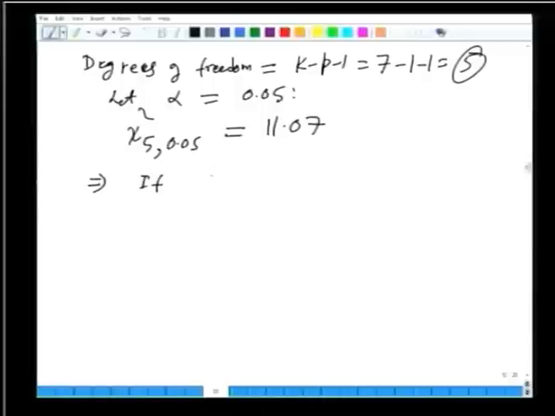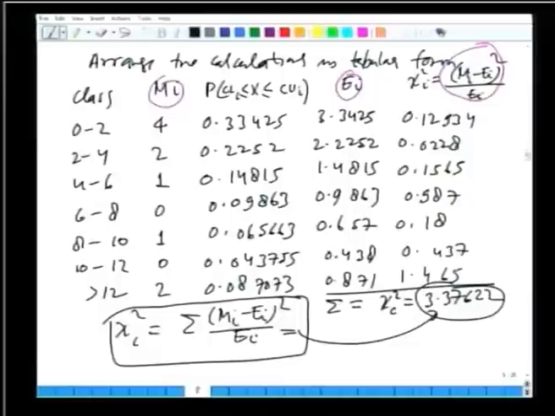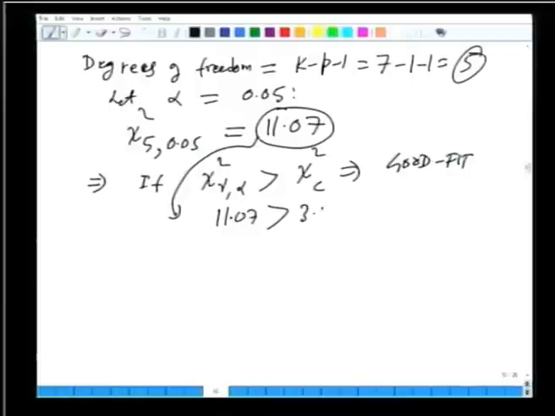The condition was that if your chi square nu comma alpha was greater than the chi square c, it means a good fit. What do we have? We have the standard value, 11.07, which is greater than the computed value. The computed value was 3.37 something, so let me say 3.4. It means it's a good fit.